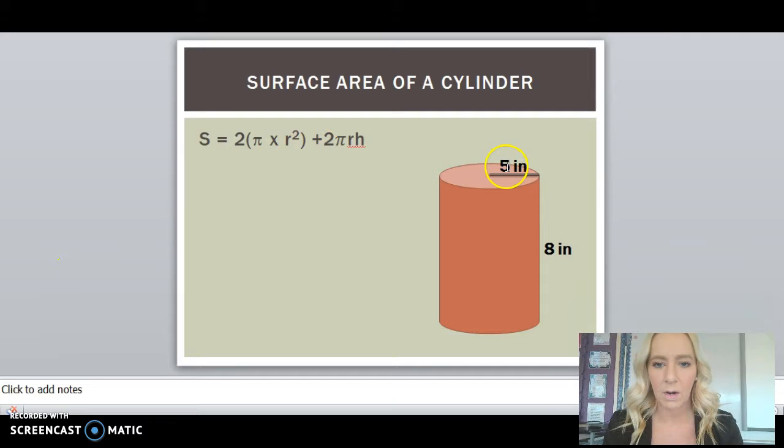In this example here, 5 inches is my radius, and 8 inches is the height of the cylinder. So instead of using pi, we're going to use 3.14.